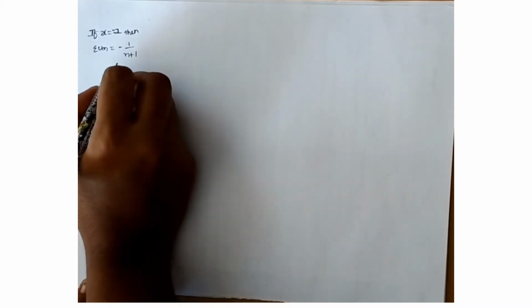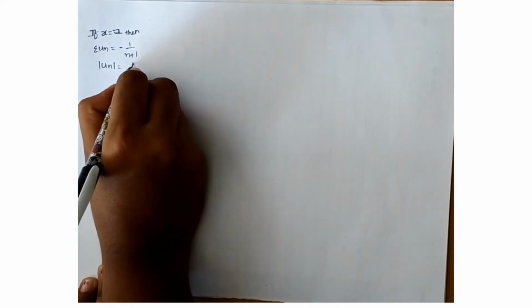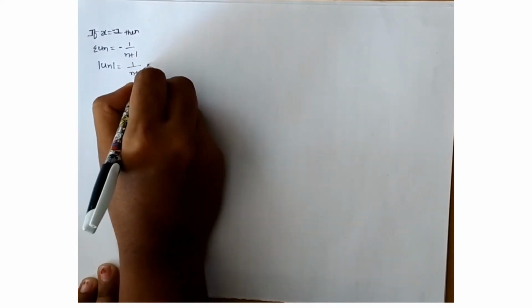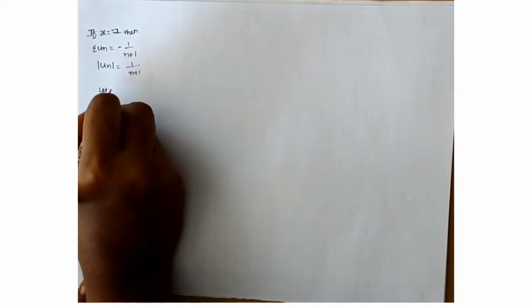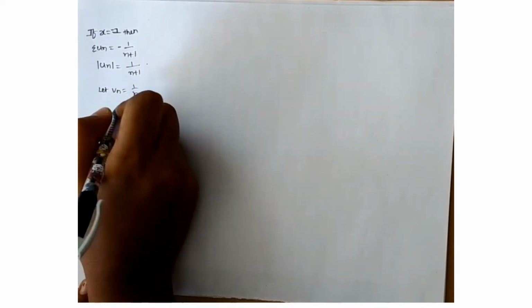If we take x equal to minus 1, then the summation un equals minus 1 by n plus 1. We take mod un for the positive values, 1 by n plus 1. Let Vn equal 1 by n.